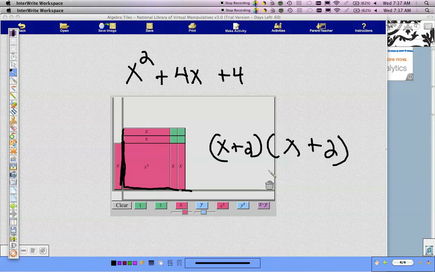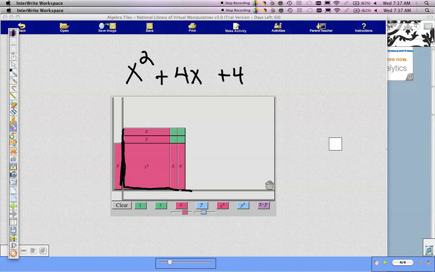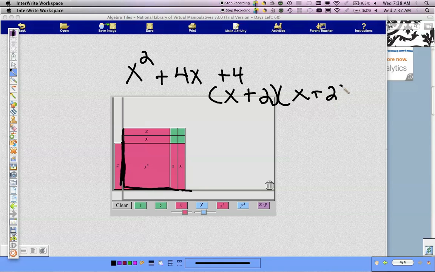So that would be a way to show it factored. Also, if you factor this trinomial, what you'll get is x plus 2 times x plus 2. Without looking at it graphically, you can just factor the trinomial and see that.